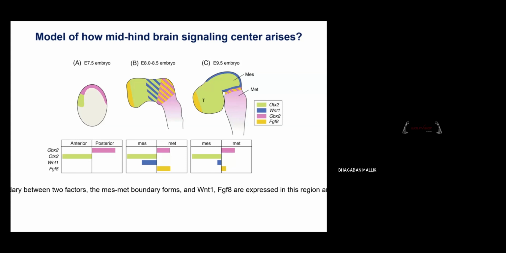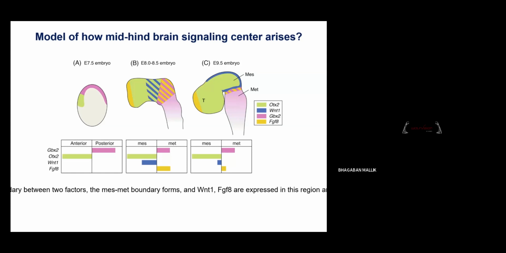Then after that, there is development of this organizing center in the E8.0 to 8.5 embryo. From this organizing center you have the secretion of the signals FGF8 or Wnt, which are represented here, and these again define the anterior or posterior polarity of the embryo.